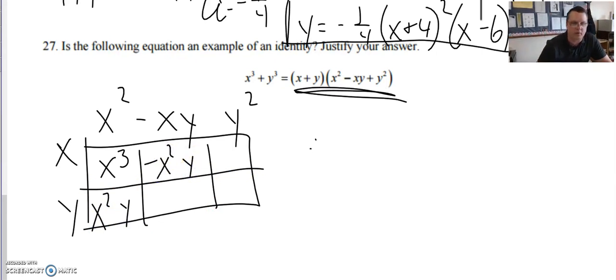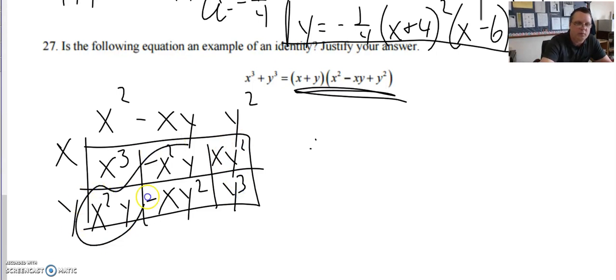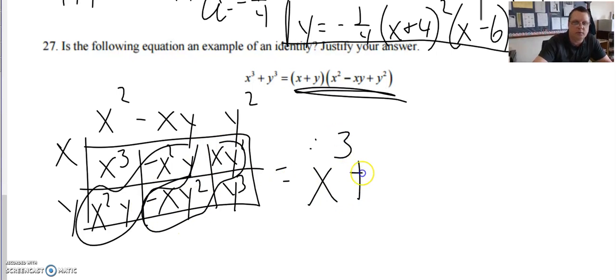I always put them in alphabetical order. It's easier to look at when you're trying to figure out which terms combine. Then you have a negative xy squared, a positive xy squared, and then a y cubed. The two middle terms cancel, so that gives you x cubed plus y cubed. And that's it. That's all you have to do with that.